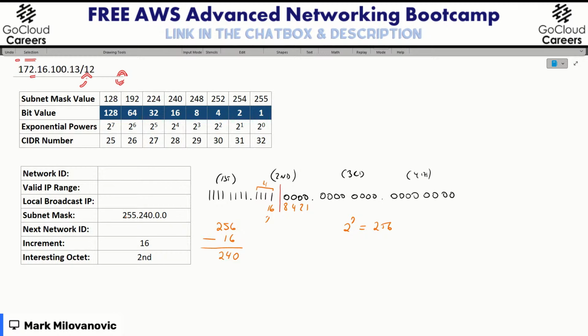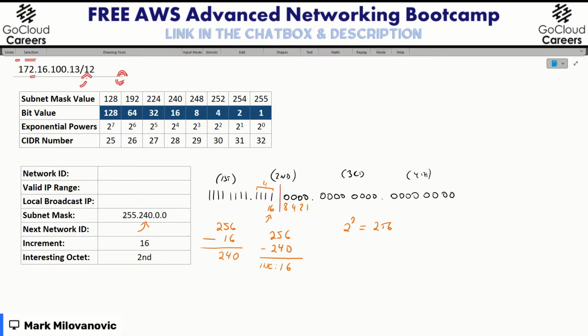If I didn't know that this was 16, I can still take 256 and subtract 240. Let's say they've been so generous and they gave you the dotted decimal format, and I know this is 16, which now I know is my increment. So as you can see, there's multiple ways to come to this conclusion that my increment is 16, that my mask value is 240.